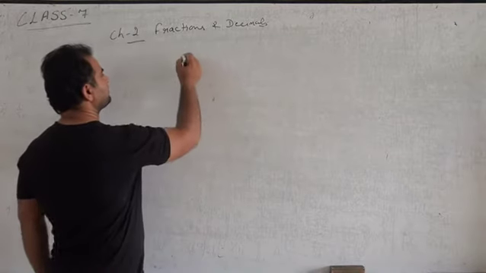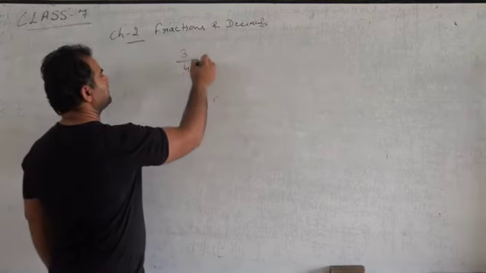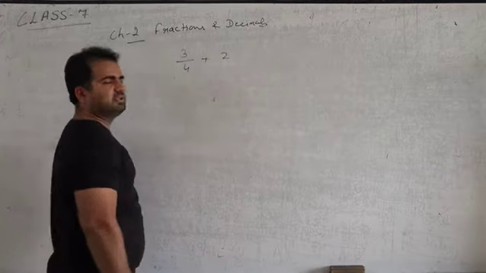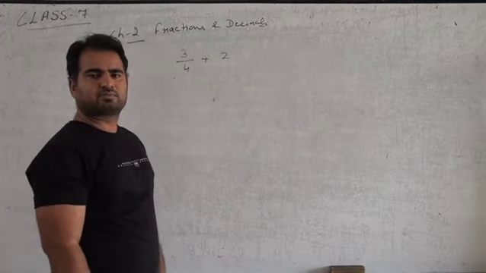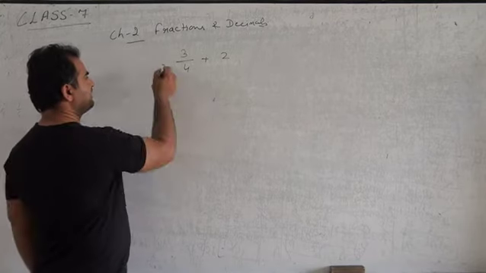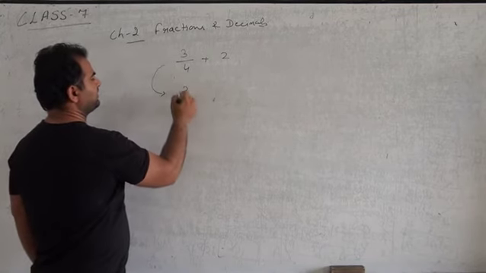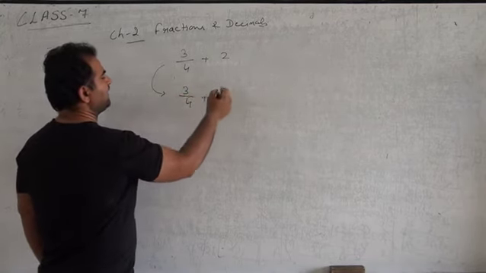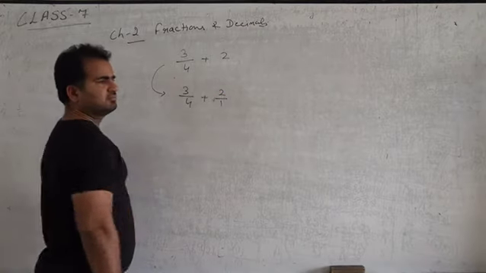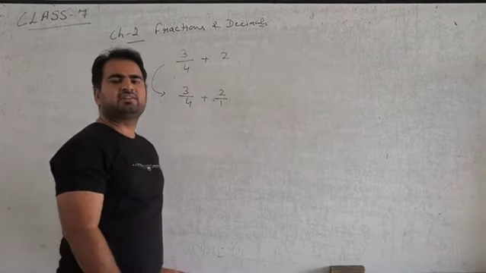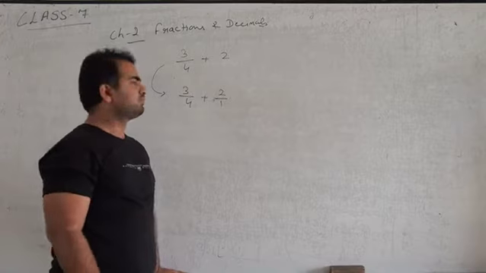So what if I have to add 2 to 3 upon 4? It will be 3 upon 4 plus, I can write 2 as 2 upon 1, because if we divide anything by 1, it will be the same number.